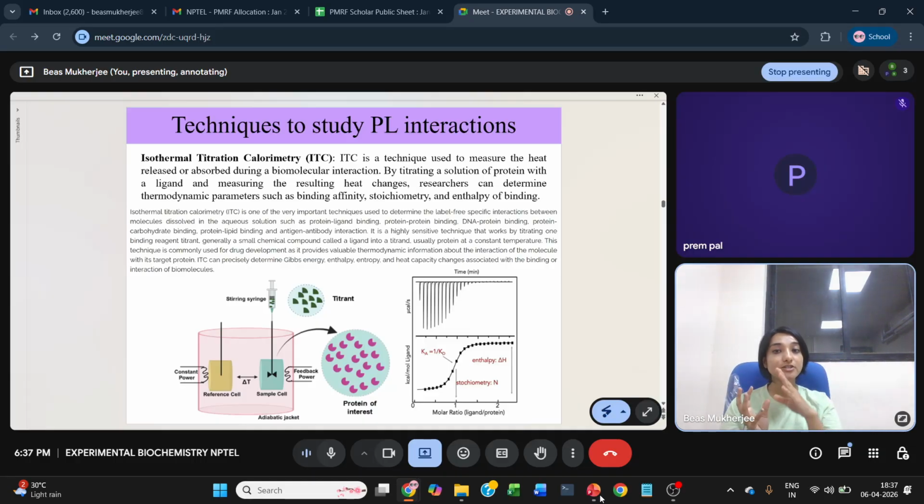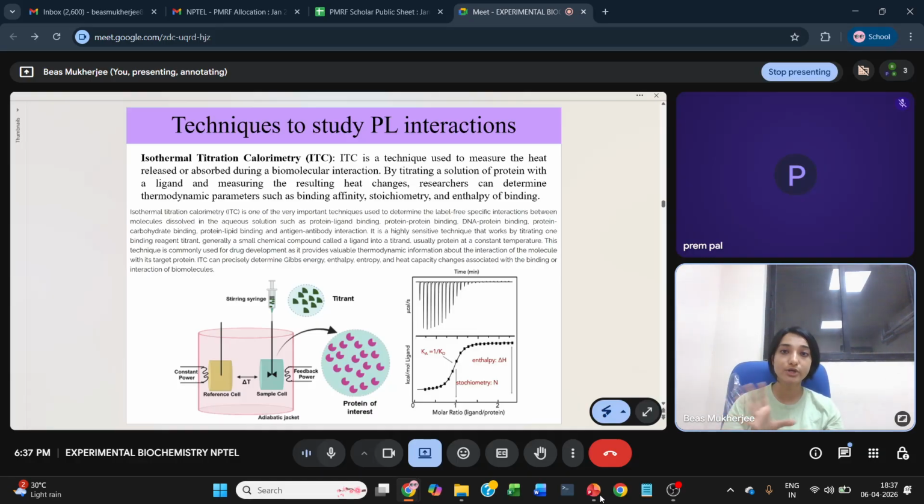So some amount of heat energy is either released or absorbed, and that change in heat energy is actually detected, and from there you calculate exactly what is the stoichiometry, what is the binding affinity, and everything else, of that particular protein for that particular ligand.